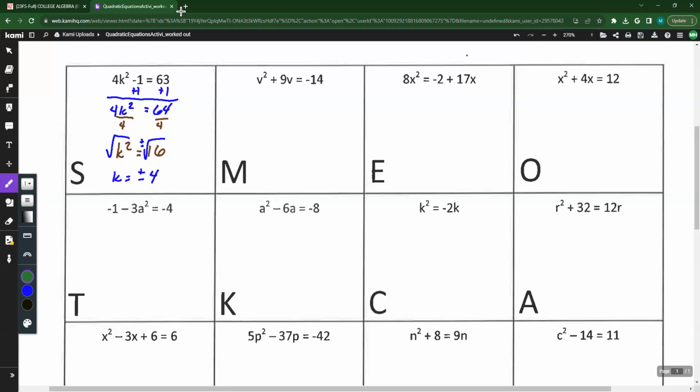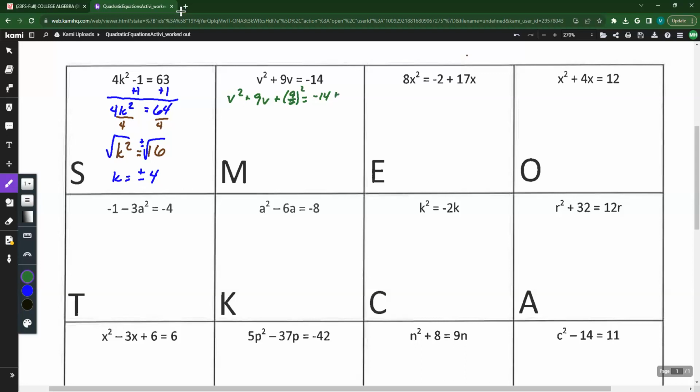just because I can. All right, so remember, if I'm completing the square, I have the v squared plus 9v. I'm going to leave some space, and then I have my minus 14. I need to take half of this, half of the 9, and square it. So this is going to be plus 9 halves squared.